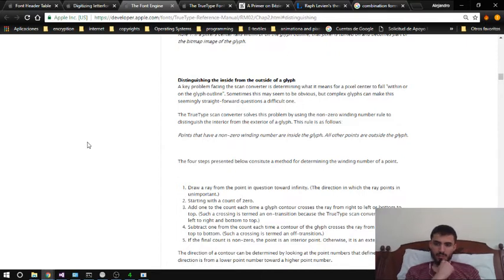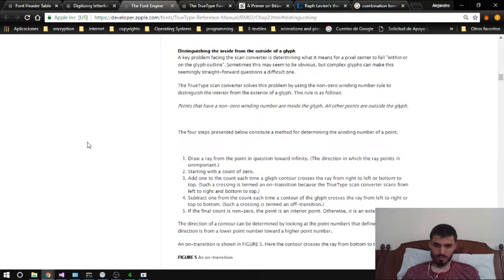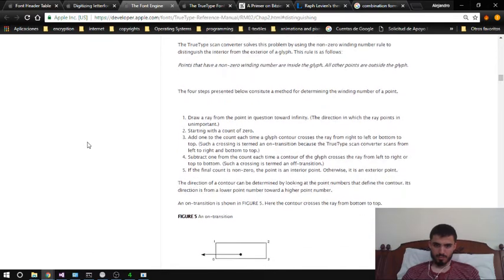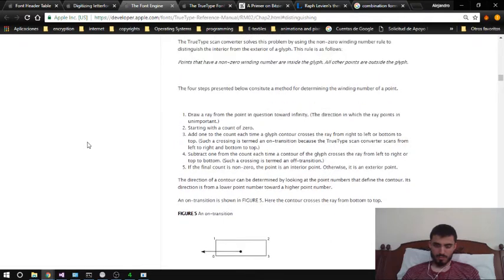Non-zero winding number rule to distinguish the interior from the exterior of a glyph. Draw a ray from the point in question toward infinity.